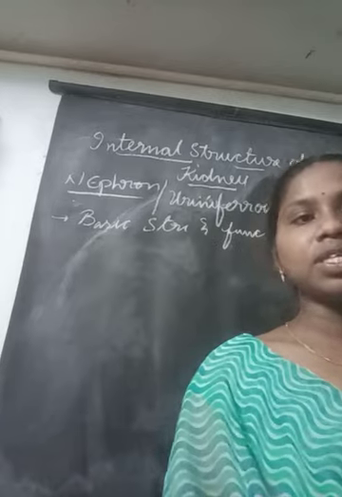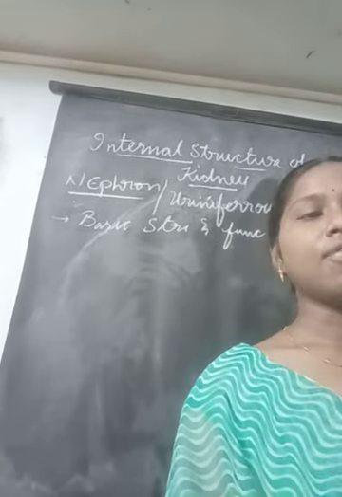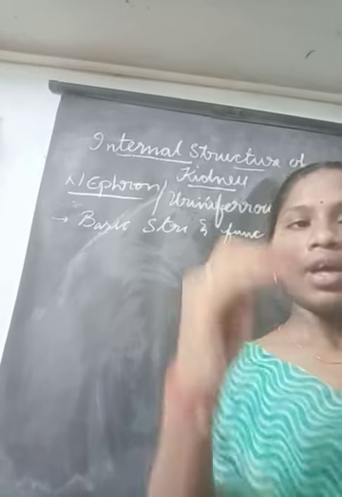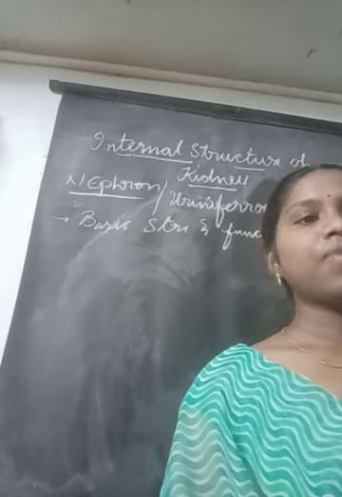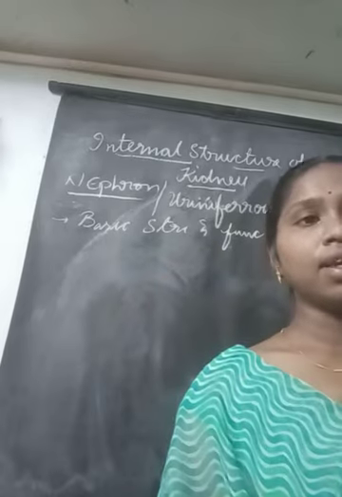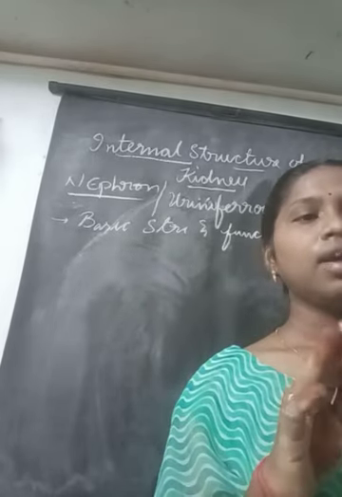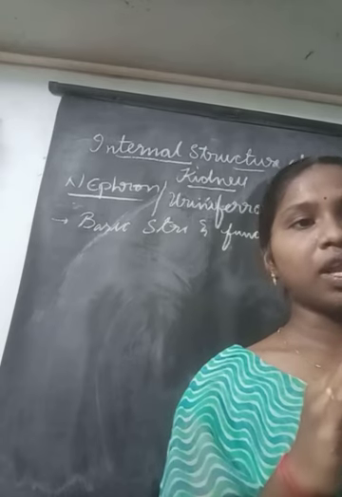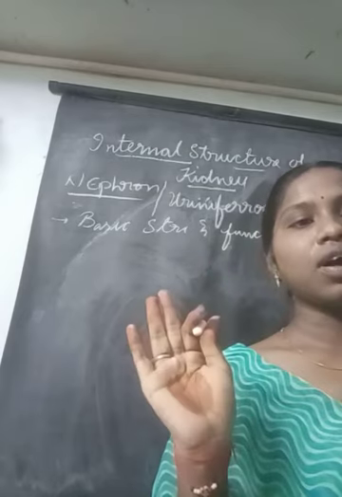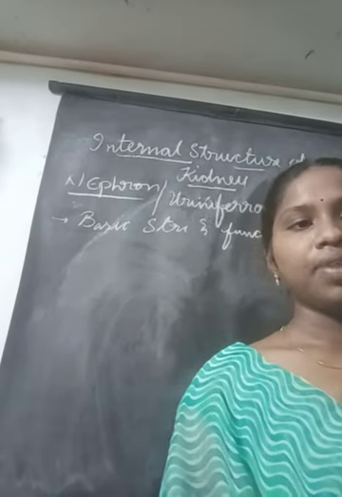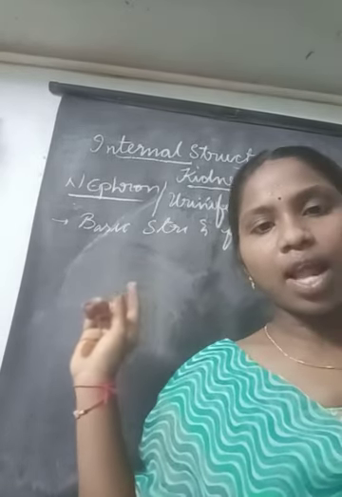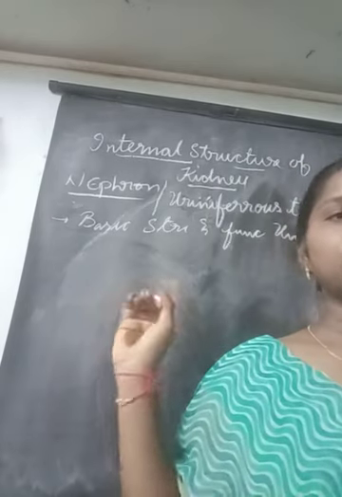Kidneys spoiling means nephrons are spoiling. If nephrons are unable to do their work properly, gradually the kidney's functioning also decreases. If nephrons are healthy, our kidneys are healthy. If nephrons start spoiling, kidney functioning is almost nil. That's why we call nephron the basic structural and functional unit of kidney.